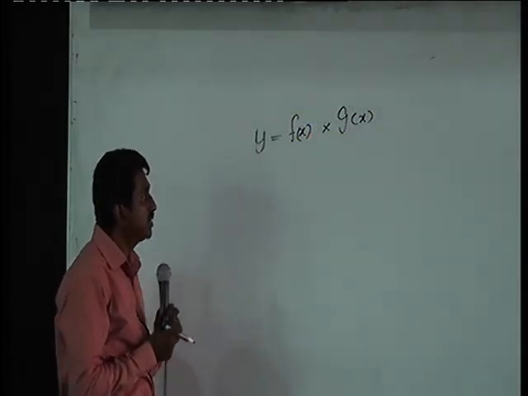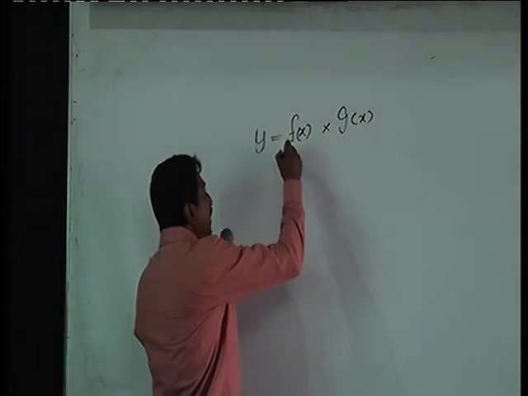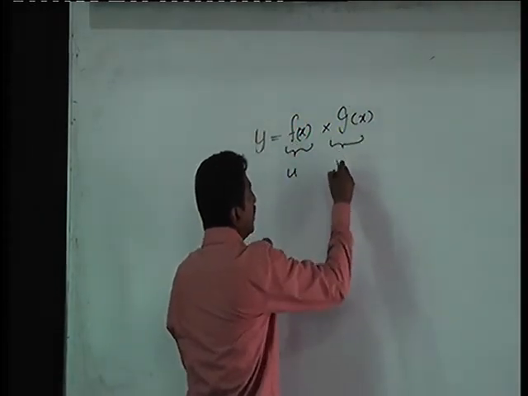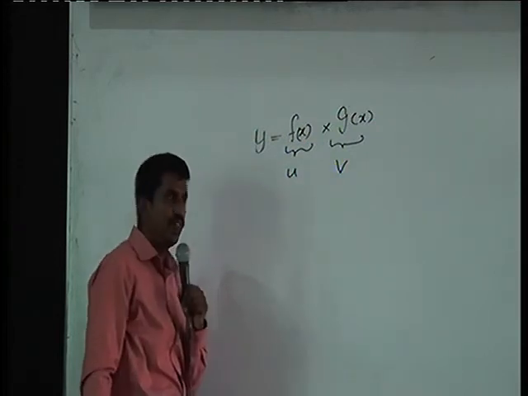For simplicity, I will change the notation: first one u, second one v. u and v are functions of x.